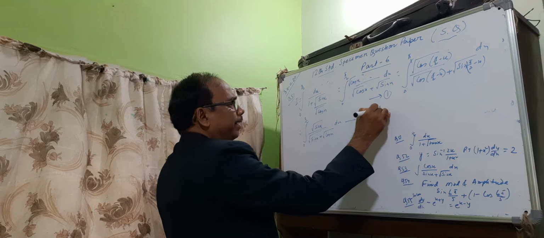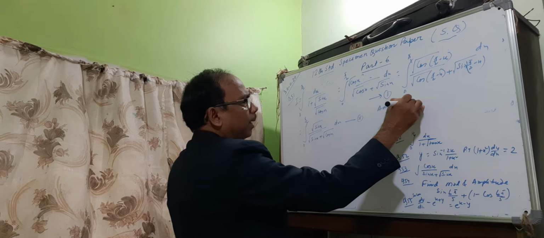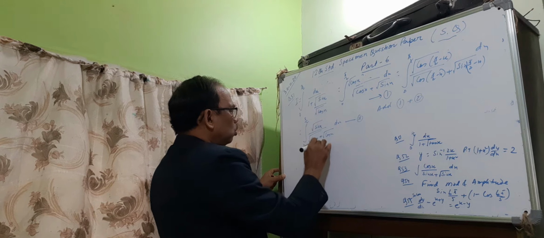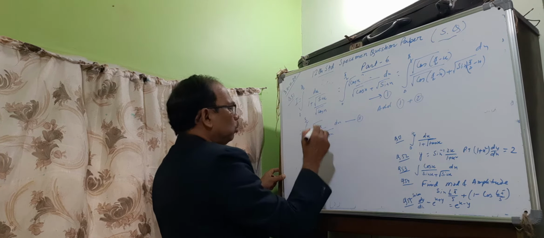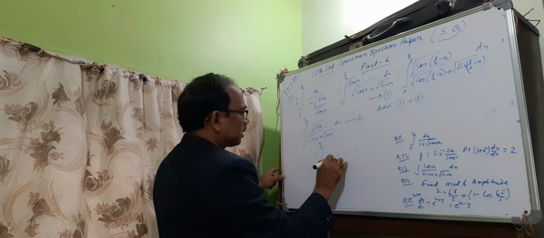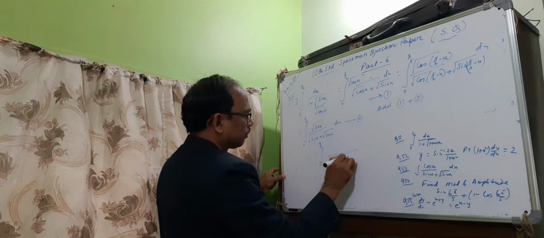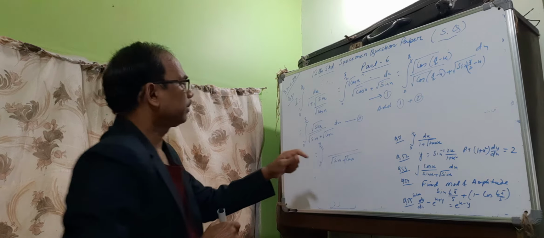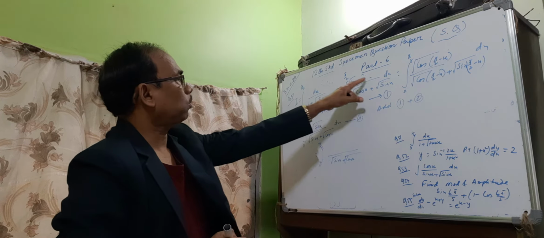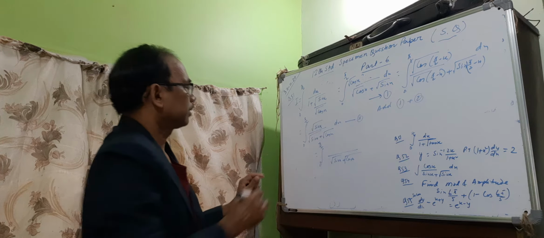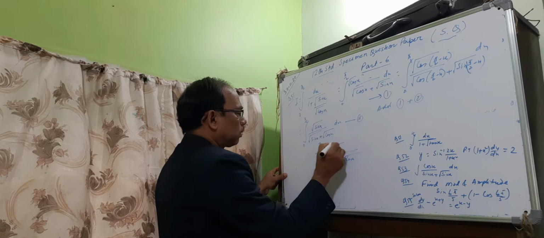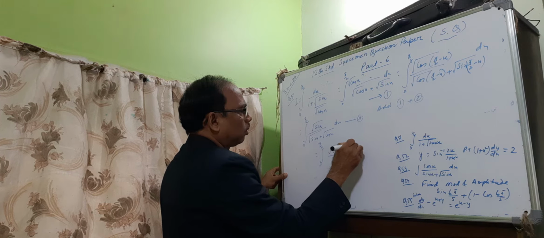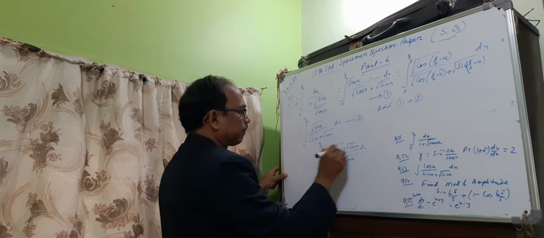Adding 1 plus 2, the integral from 0 to pi by 2 of root of sin x plus root of cos x, by the LCM, root of sin x plus root of cos x, dx.